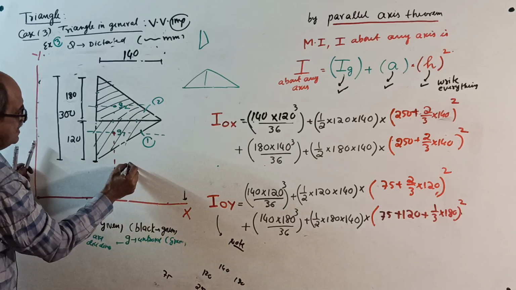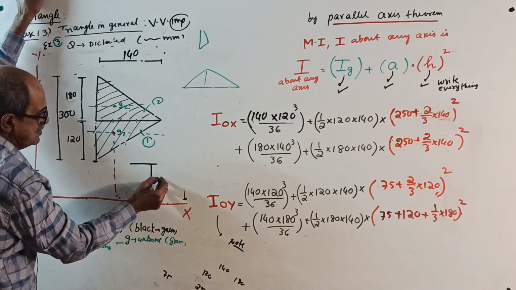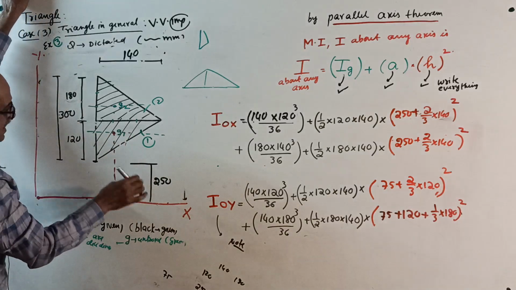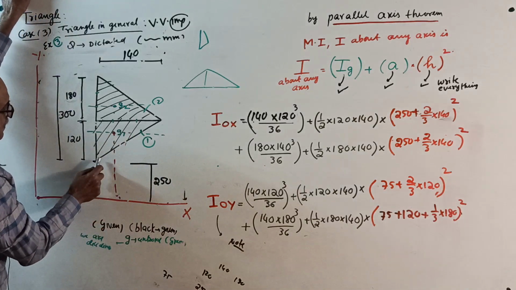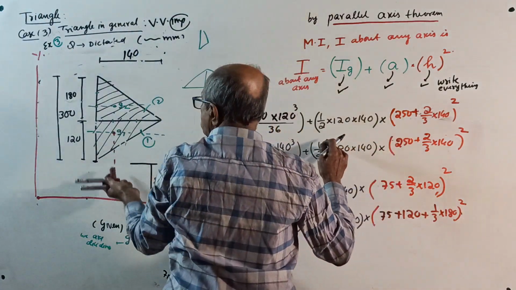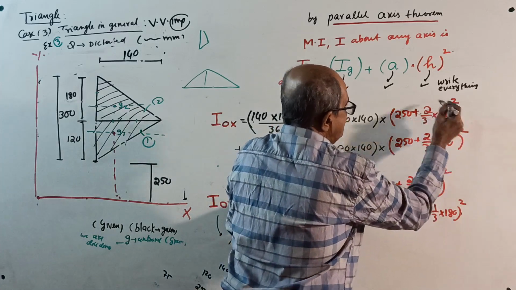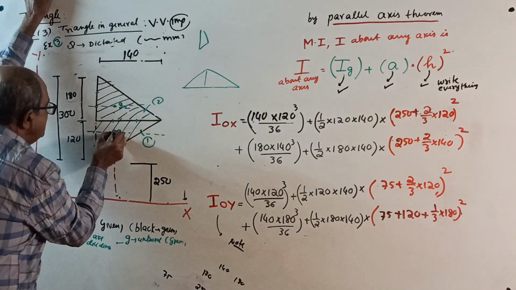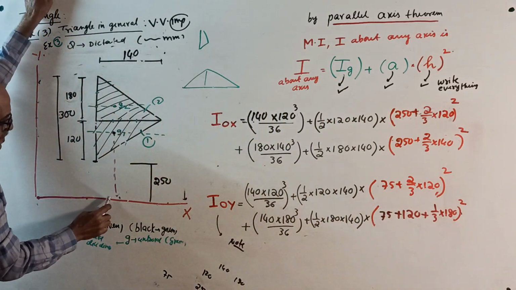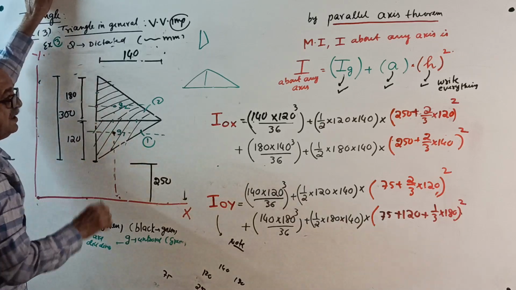This distance is given in the question. How much was last time? 250. Okay, this time also 250 only. Out of scale. 250 plus 2/3 of 120. See correctly. This distance square is 250 out of scale plus 2/3 of 120.